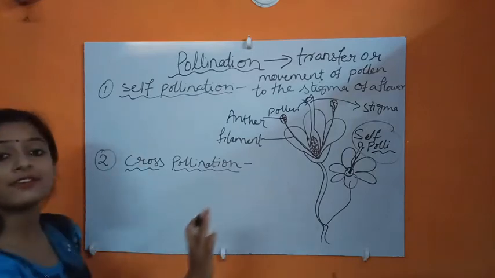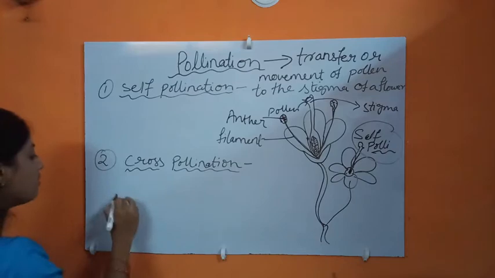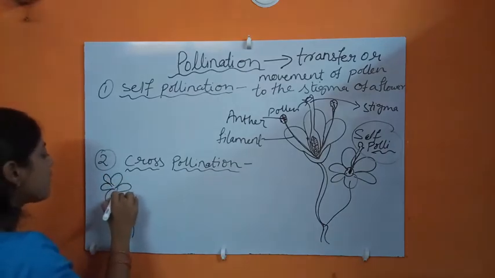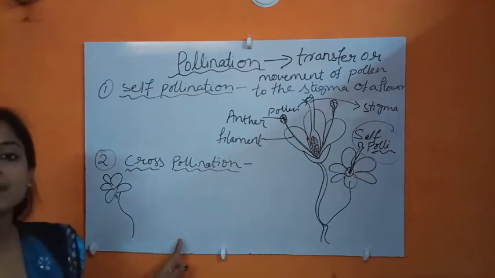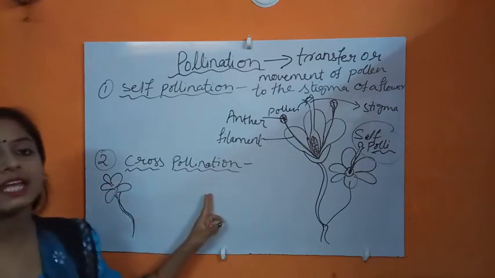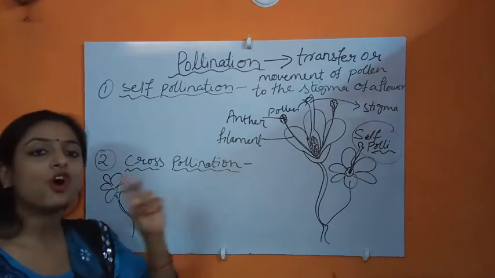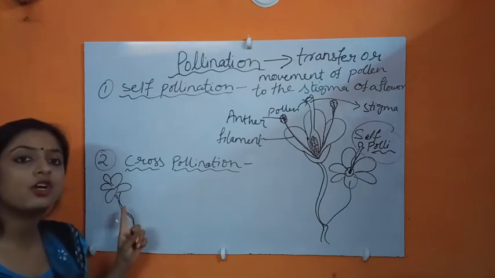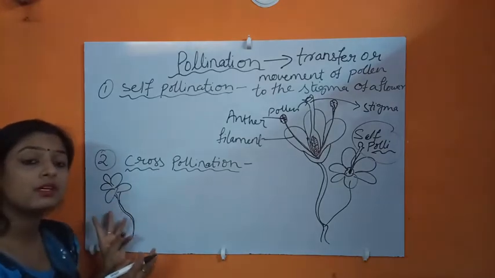Suppose that is a different plant and our plant is present at some distance, of the same kind. You have to remember one thing, that for the process of pollination, the pollen grains of one type of plant will pollinate the flower of the same type.